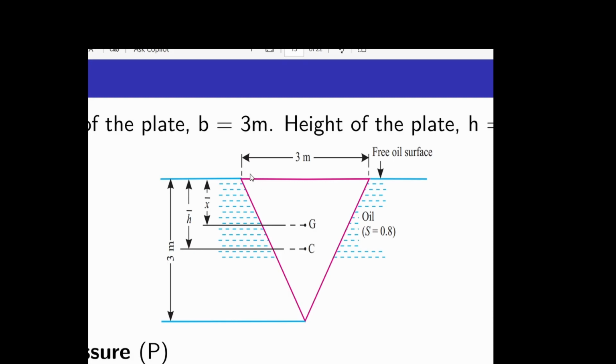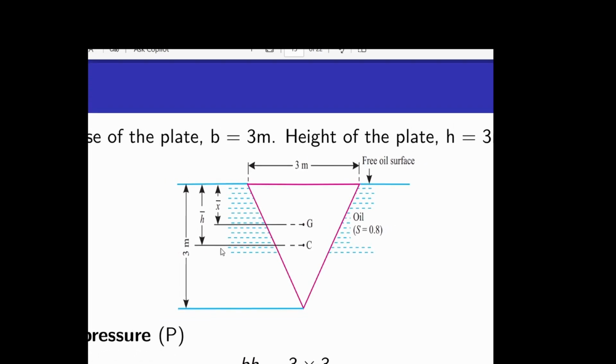So for an isosceles triangle, if this is 3 centimeters, there will be sides that will be equal, isn't it?